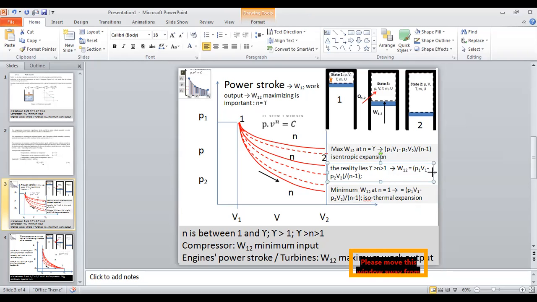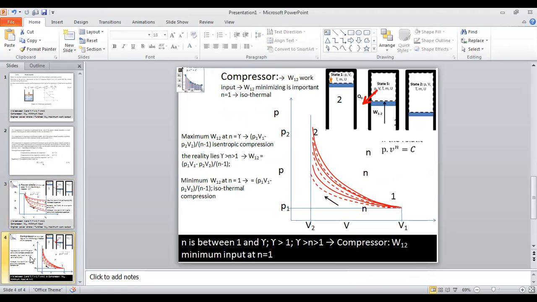But for compression, for sure, we should try to maintain the compressed air at an almost stable temperature. We should not let the temperature rise, because compression is mainly to make the molecules dense.